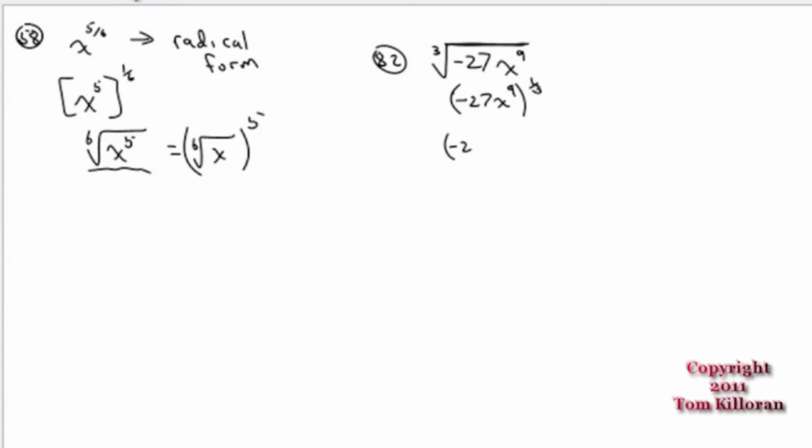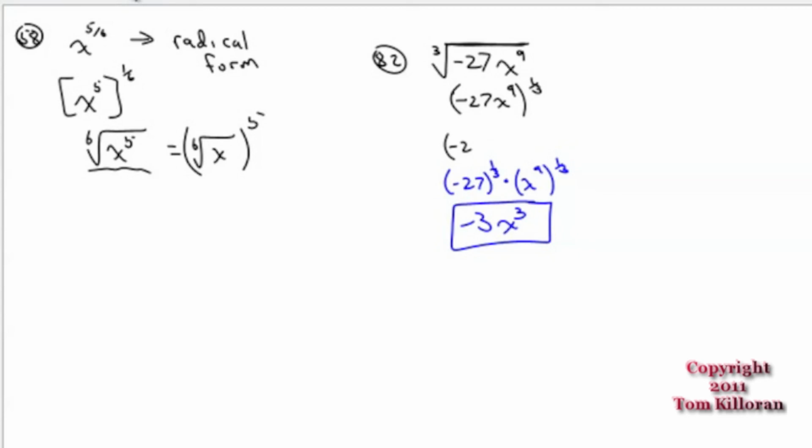You write this over: -27 to the 1/3 times x to the 9th to the 1/3. So, what's -27 to the 1/3 power? -3. What is x to the 9th to the 1/3 power? X to the 3rd. X cubed. So there's your answer. And that's the best way to simplify it in pieces so you don't have to do it all at once. Because if you do it all at once, things get a little confusing sometimes.